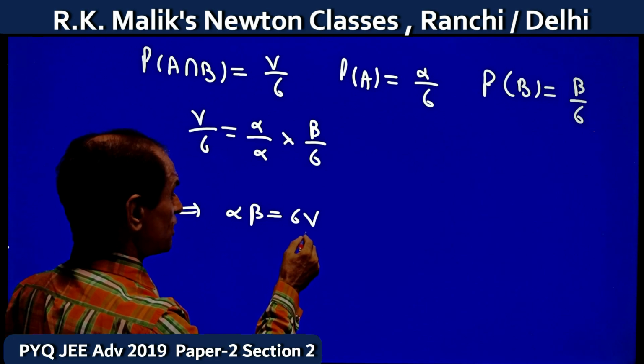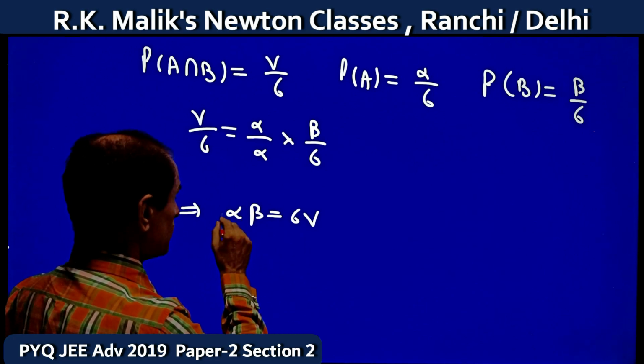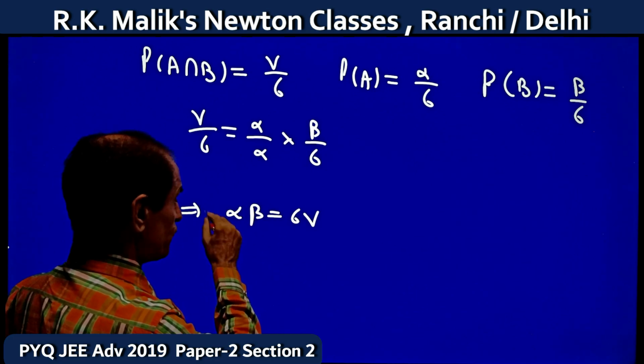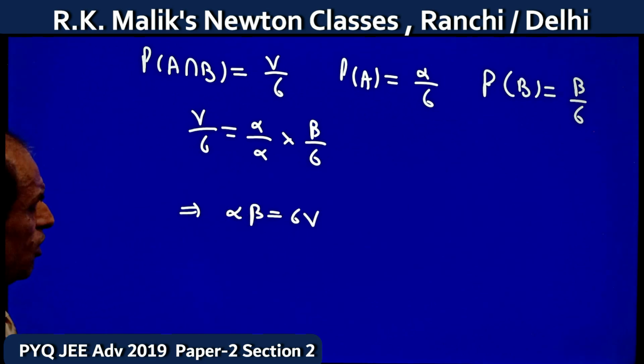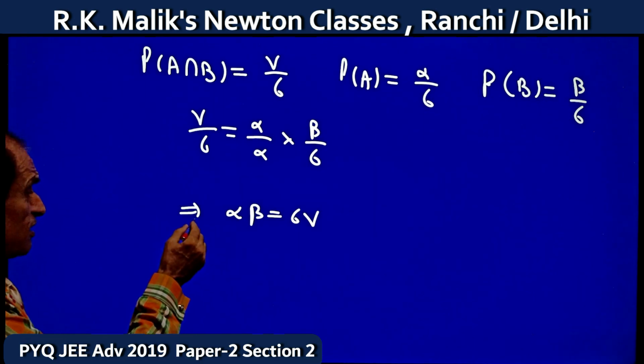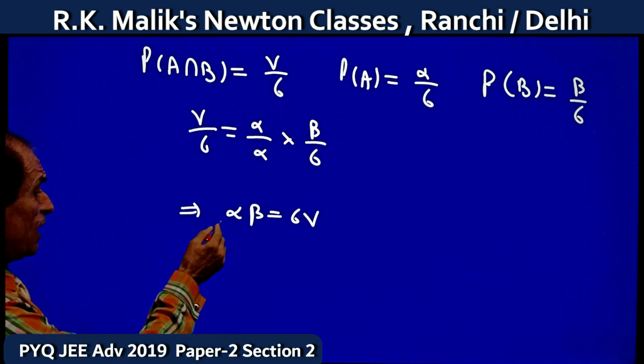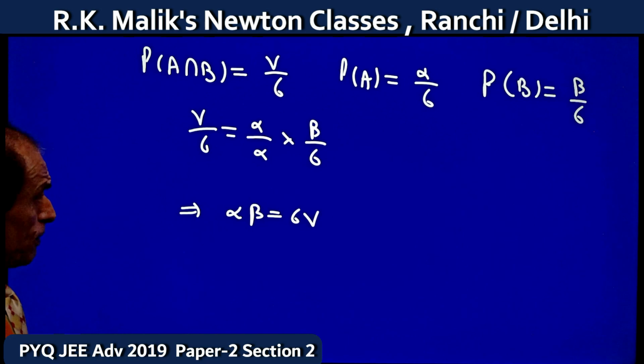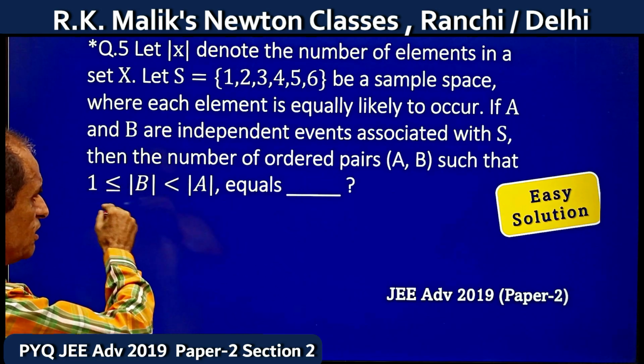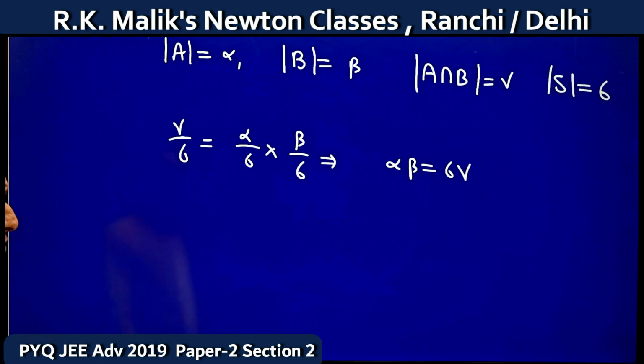Or I start taking the value of gamma and get the value of alpha and beta which satisfy this condition. All are nearly equally good, but for making your concepts stronger, I will do the question in 3 ways.